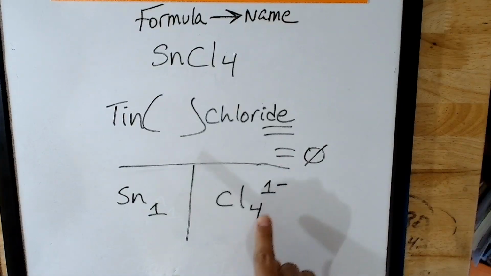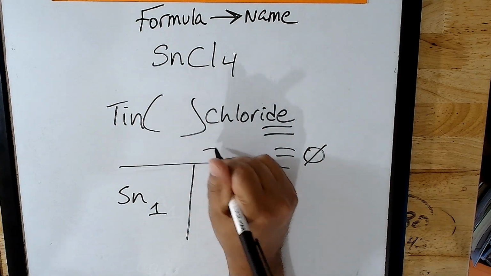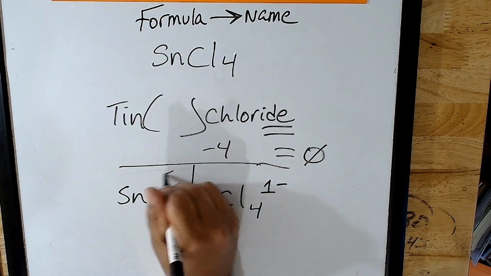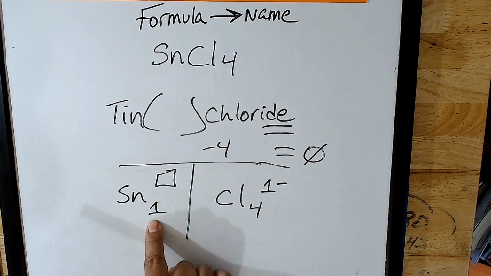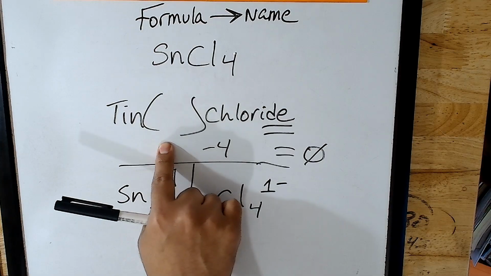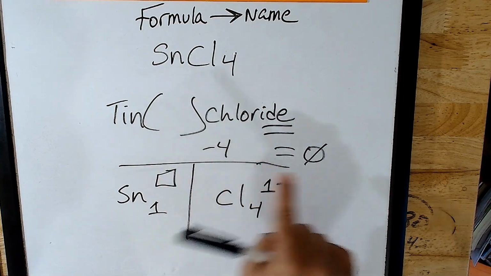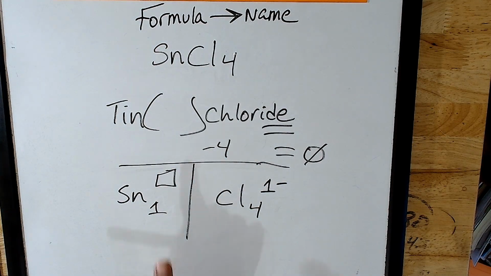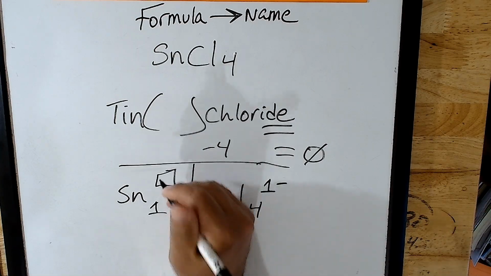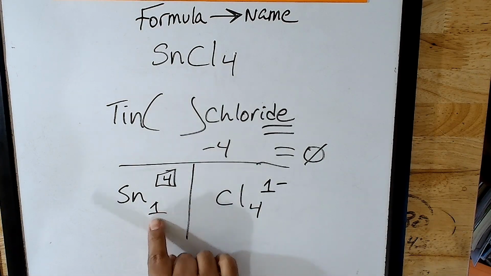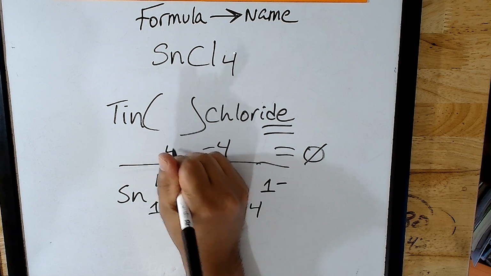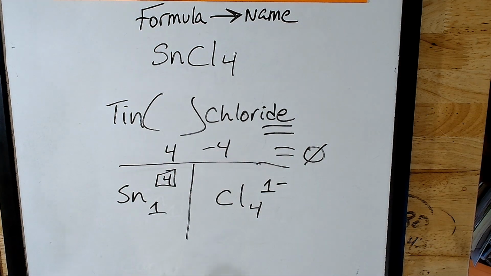So 4 times -1 gives me -4. And 1 times what number, when I add it to -4, gives me 0? It's going to have to be a 4. 1 times 4 gives me 4, and 4 minus 4 is 0.